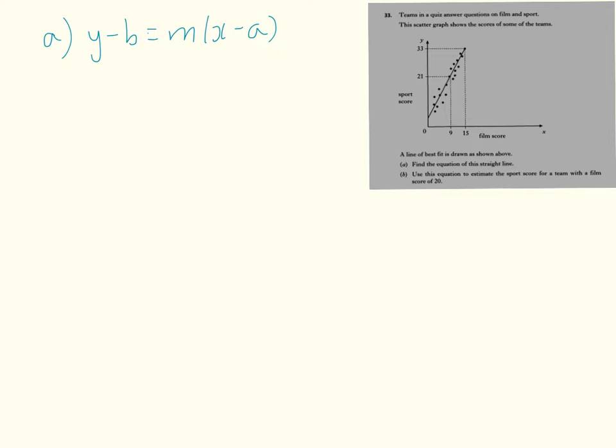Right, so let's have a look. We in this picture are given two pieces of information. We are told that when they get a film score of 9, they get a sports score of 21. So we are given this point right here. This point is 9, 21.